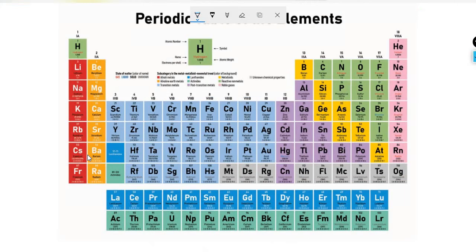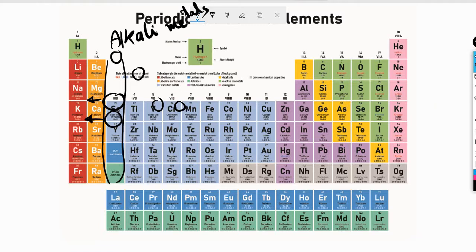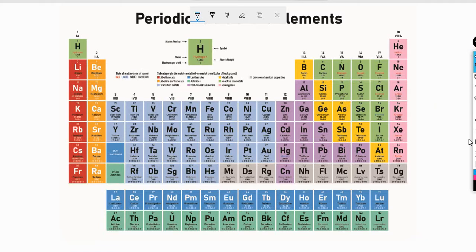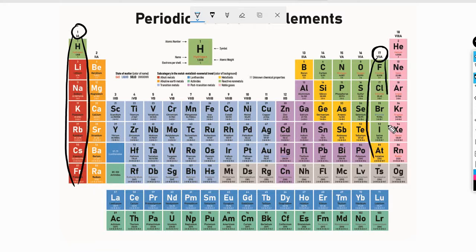Also guys, another kind of reaction or property of alkali metals is that they react with group number 17. Most of the time alkali metals will react with group number 17, this group.